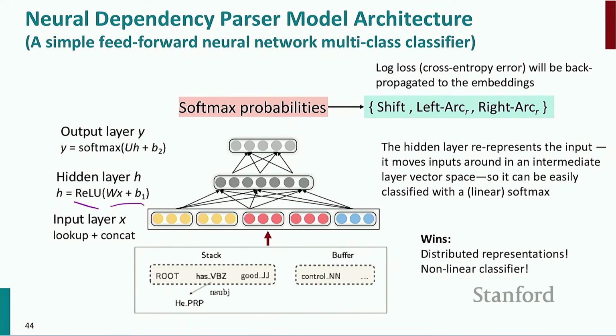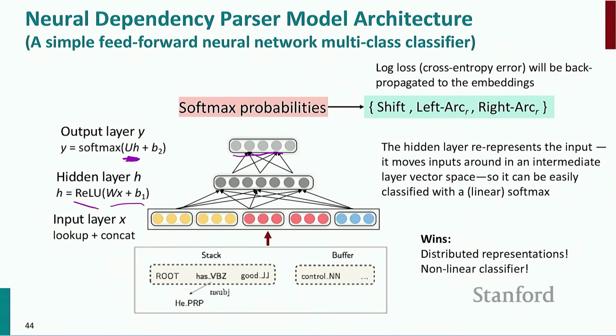And then we're going to put above that another multiplication by a matrix. So we've got a second layer of the neural network, Uh plus b2, and we're going to take the output of that, and then put that through a softmax that gives a probability distribution over whether to shift or do a left arc or a right arc operation.